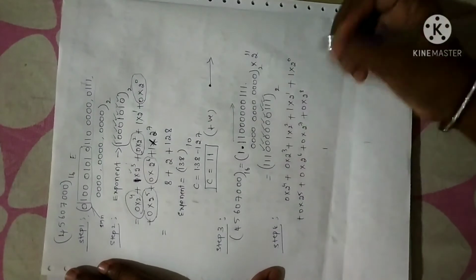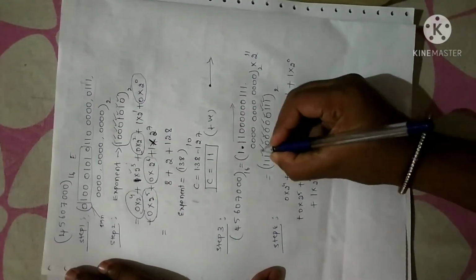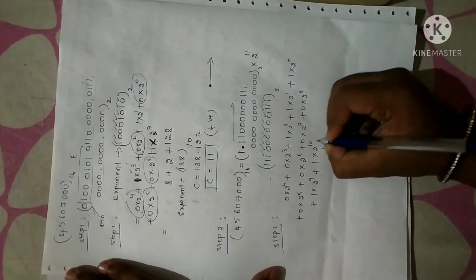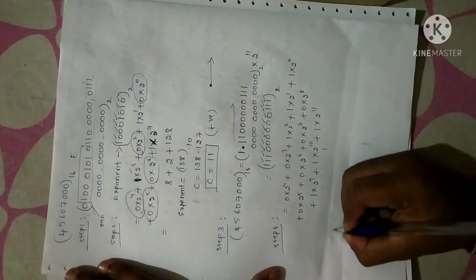I am marking this only for your reference. Plus 1 into 2 power of 9 plus 1 into 2 power of 10 plus 1 into 2 power of 11. So this is what I have obtained.